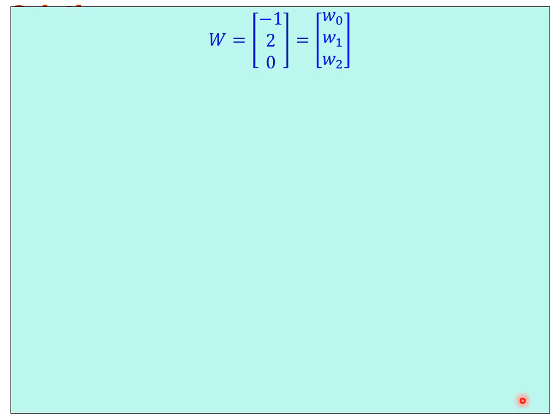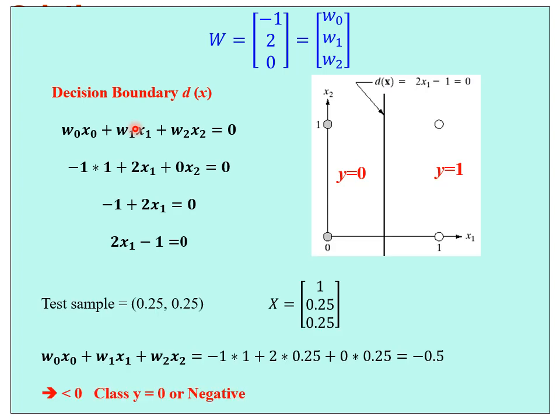Let us denote this decision boundary as d of x. The decision boundary can be obtained by the linear equation w0 x0 plus w1 x1 plus w2 x2 equal to 0. This is nothing but the expression w transpose x equal to 0.